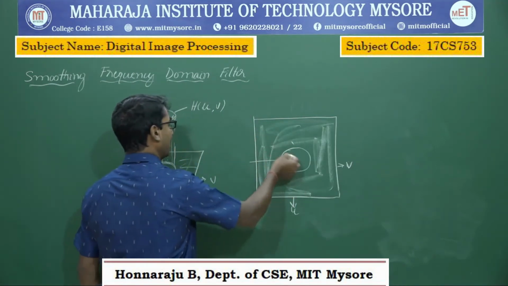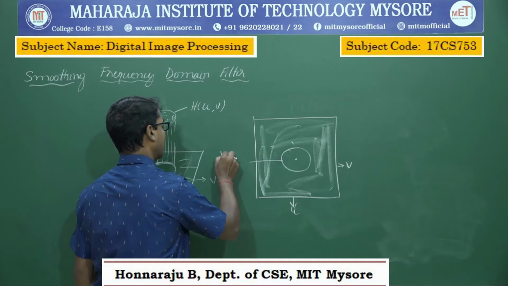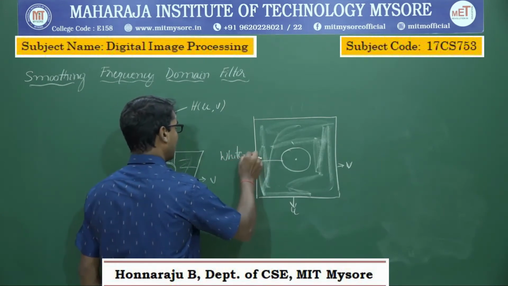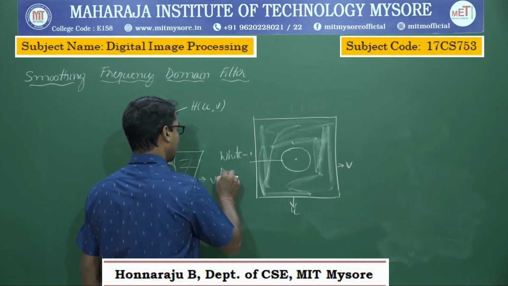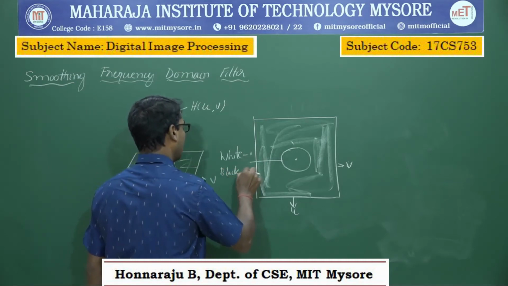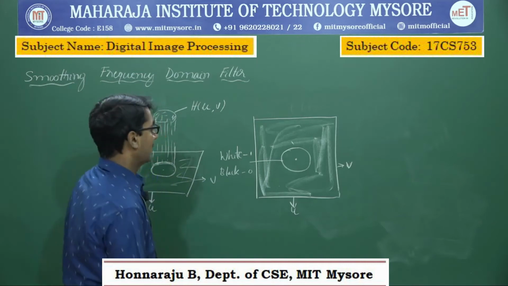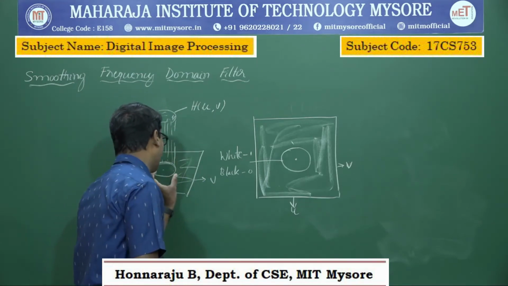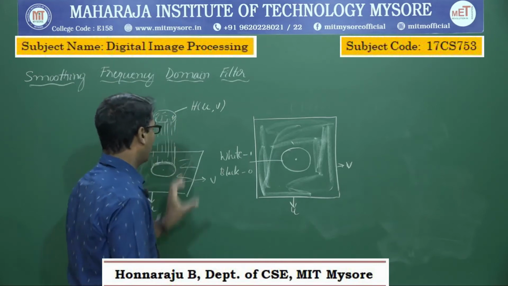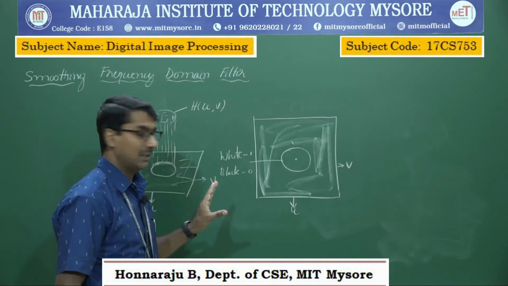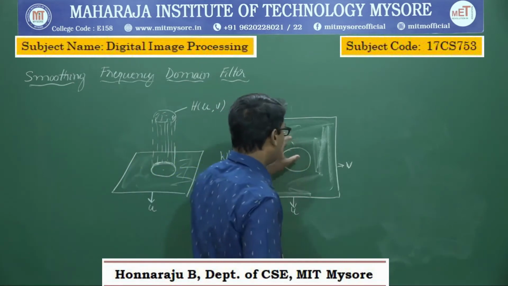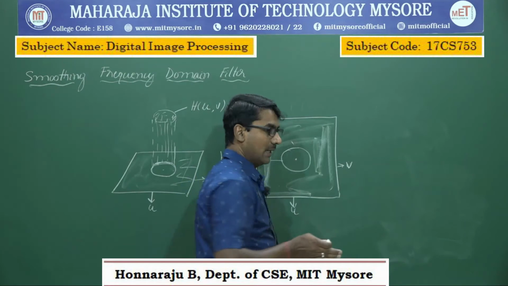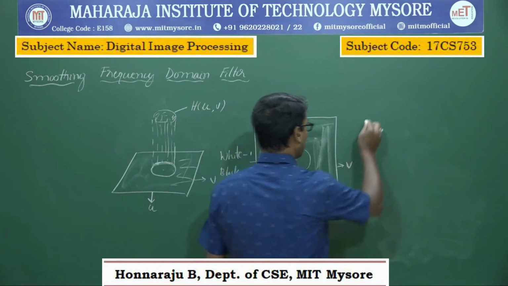In the image, 1 is represented as white and 0 is represented as black. So, in the ideal low pass filter, it allows only the frequencies less than D0 and attenuates all the high frequency values. Here it is a fixed cutoff. There are only two possible values, 0 and 1. You can see the graph.